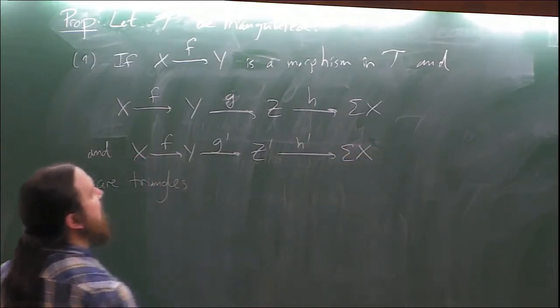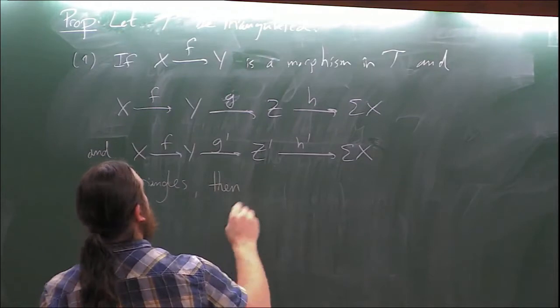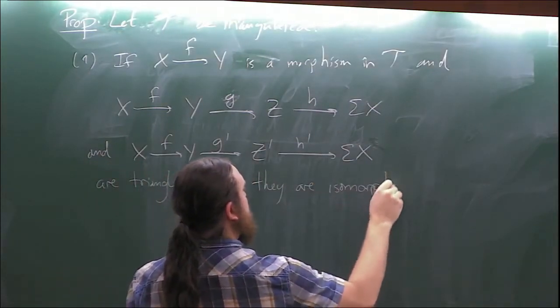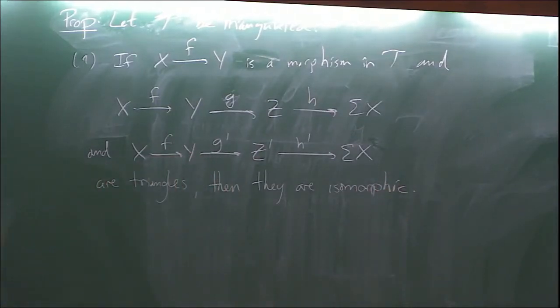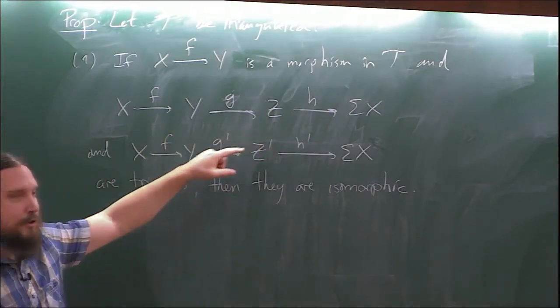Yes, this is not X prime. Yes, thank you. Yes, exactly. You will apply this, and you will prove that if X and Y are isomorphisms, then Z is forced to be an isomorphism as well. And so for this reason, we will often call Z the cone of F.